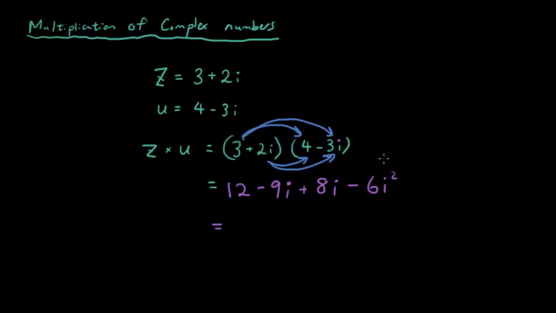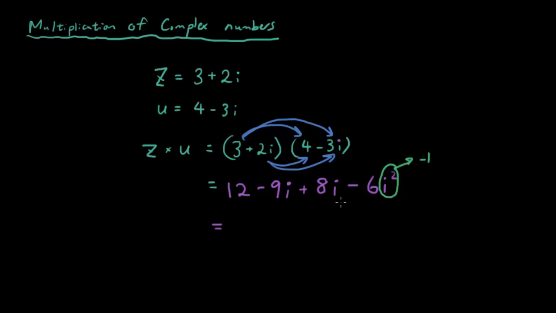If you get it up to here, you've done about half of it, because i squared is the same as negative 1. So you have to cross that out, change it to 6 times negative 1.